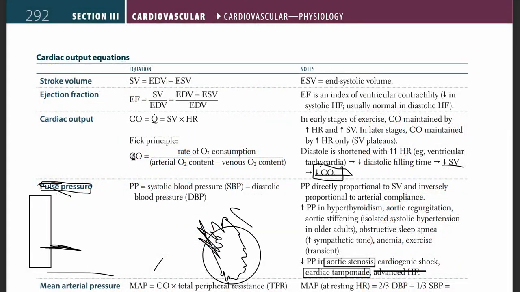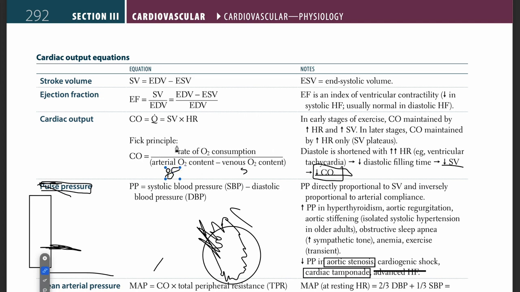So they will give you a question by telling you that the venous return oxygen content is like, say, 5%, and then the arterial oxygen content is like 98% or something, right? So then you have to figure out what this number is, and they'll give you the rate of oxygen consumption, right? They'll give you all these three things, and then they'll ask you what is the cardiac output or something like that.